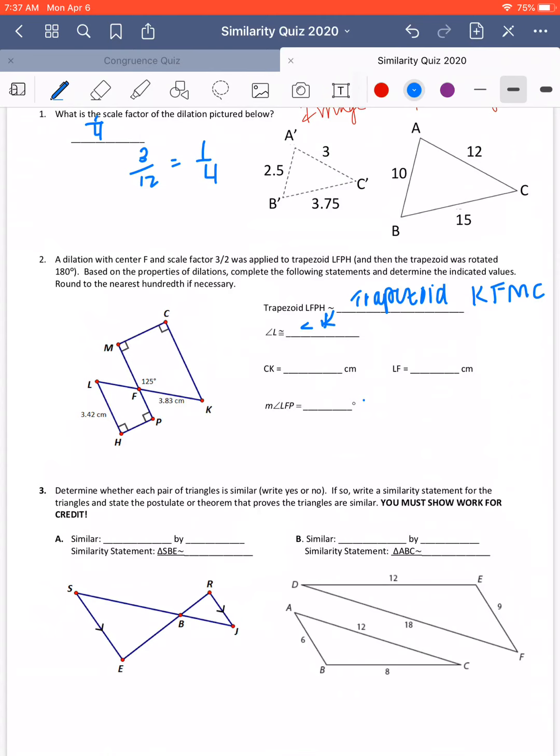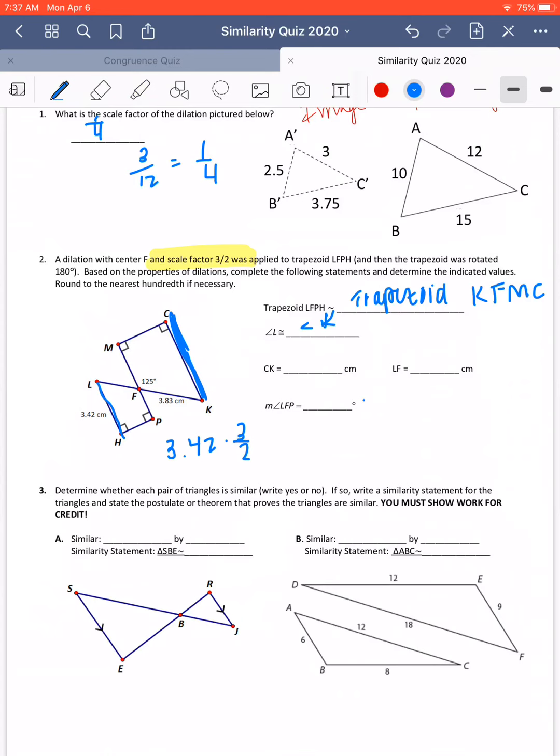Then it says CK is equal to how many centimeters? So we're looking at this side right here. If it's got a scale factor of 3/2, and we're going from the smaller image to the bigger image, I could do 3.42, because that's the corresponding side, 3.42 times 3/2, or 1.5, to find the length of CK.